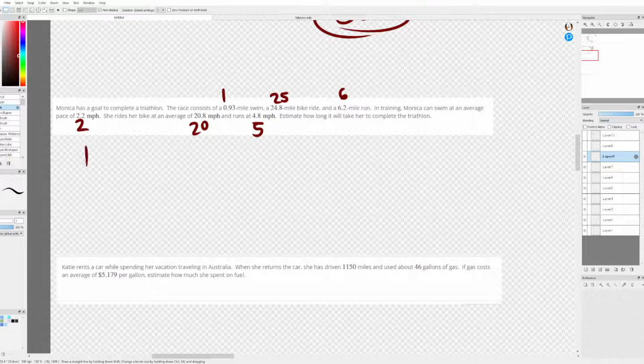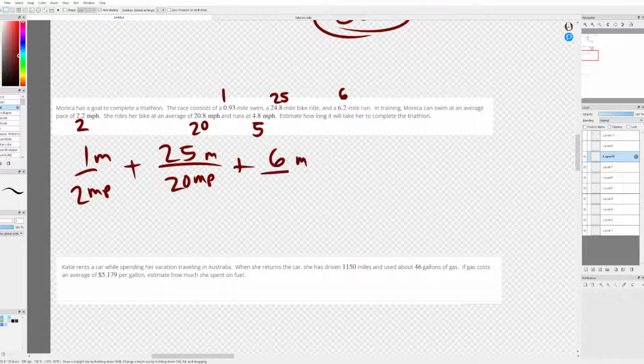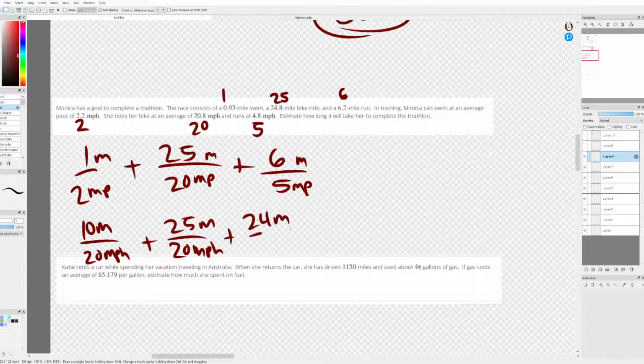One of the ways that we can do it is 1 over 2, because it's 1 mile at 2 miles per hour, plus 25 miles over 20 miles per hour, plus 6 miles over 5 miles per hour. And we need to have these all have the same denominator if we want to be able to add them together, which will give us 10 miles over 20 miles per hour, plus 25 miles over 20 miles per hour. This doesn't change, plus 24 miles over 20 miles per hour.